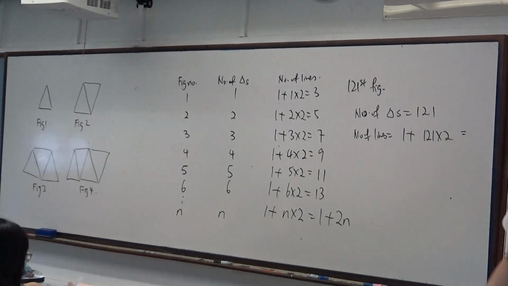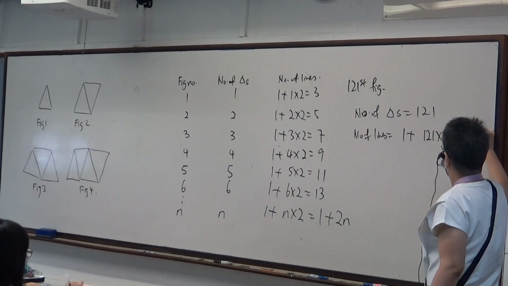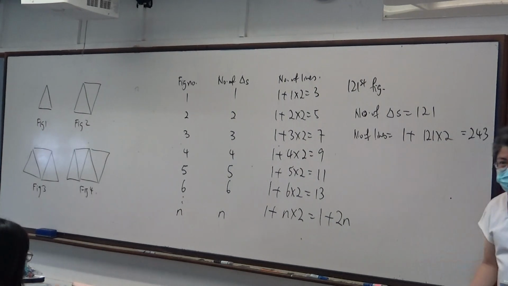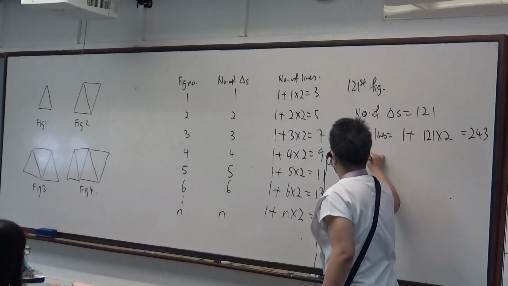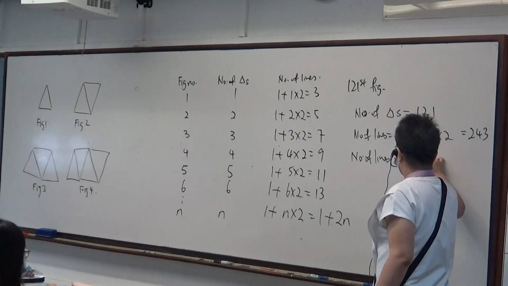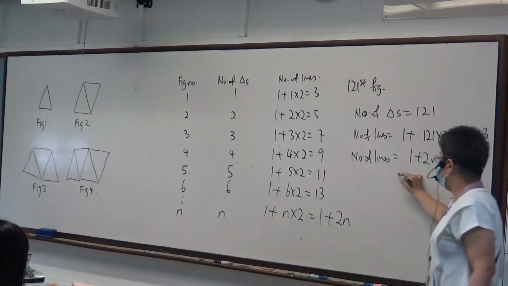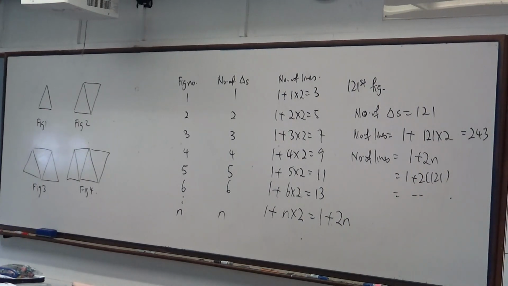Which will be what? 243. Understand? You can do this, or you can also say this. Number of lines will be 1 plus 2n, right? Now my n is what? 121. Then you just find out the answer. Everybody clear? So the nth term formula is very important.